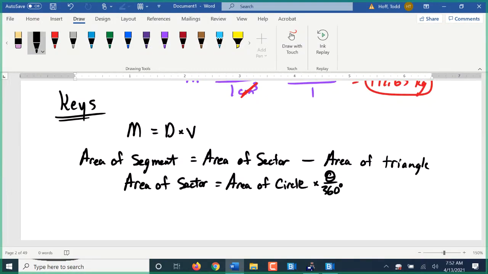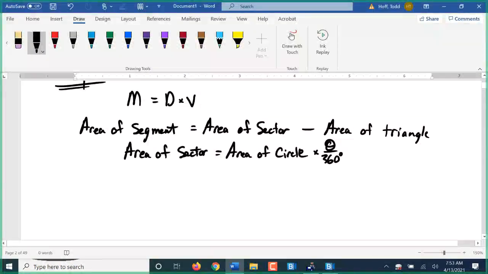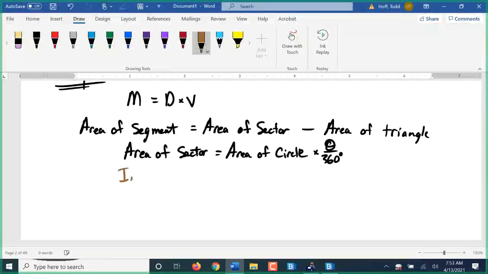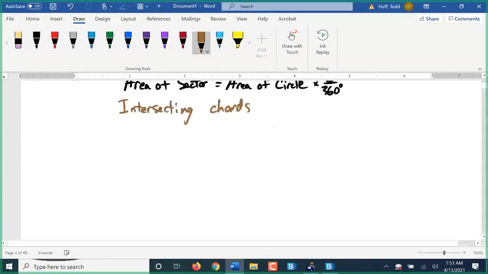But then the big one, the one that we wouldn't be able to do anything on this problem without, is the formula for intersecting chords. And that was this one.